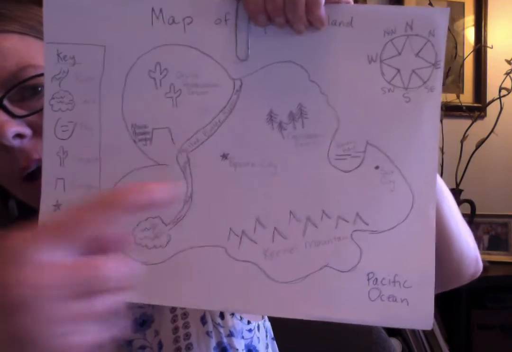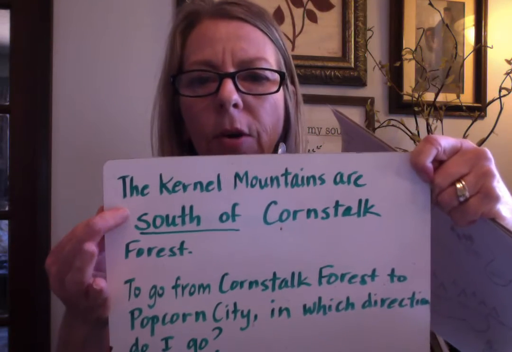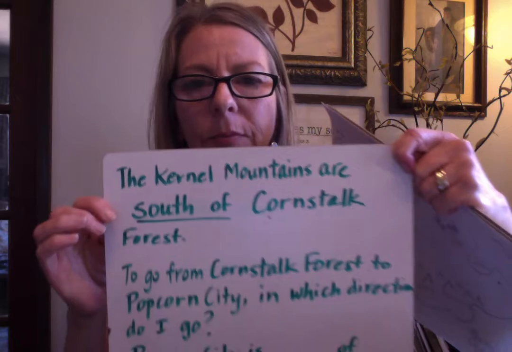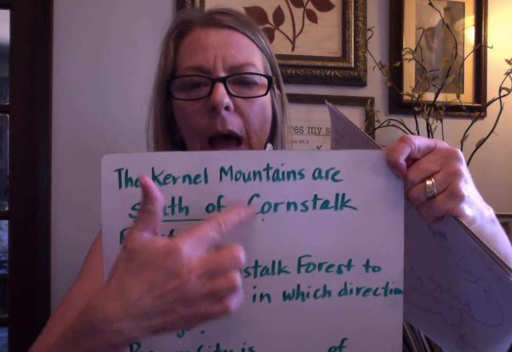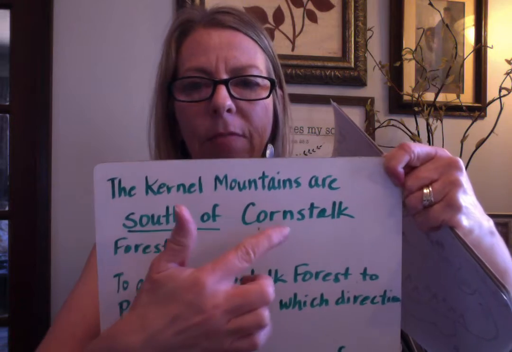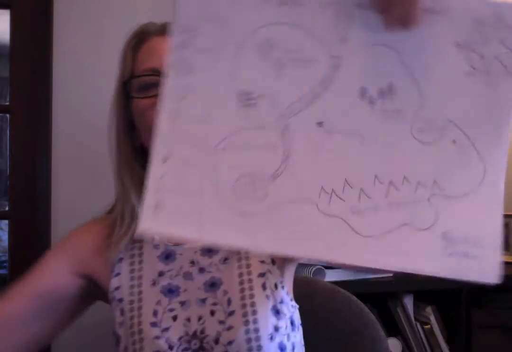They're south of Cornstalk Forest. So we would write it like this: the Colonel Mountains are south of Cornstalk Forest, because we're looking at these two locations and seeing where this one is in relation to this one.